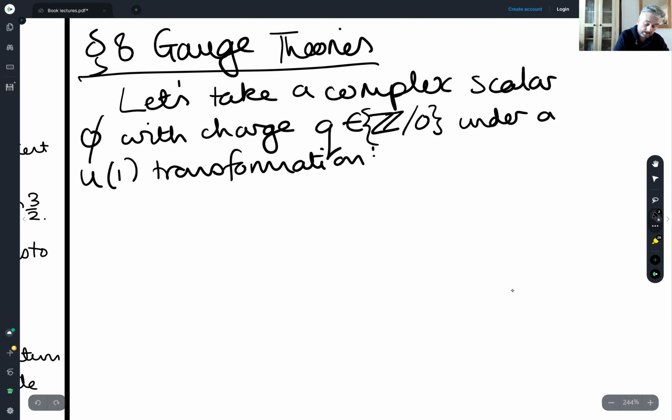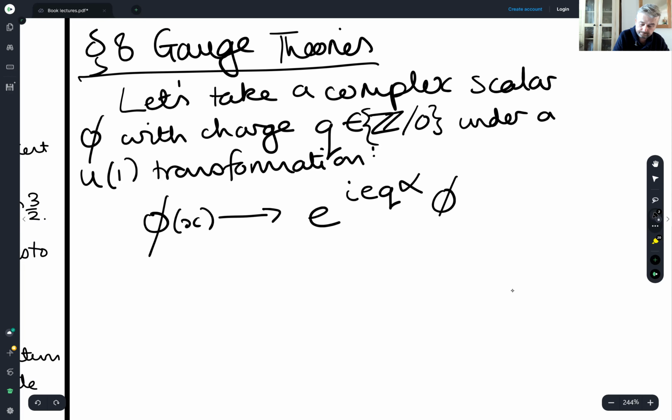So this scalar field, this complex scalar, goes to e to the i e Q alpha times phi.